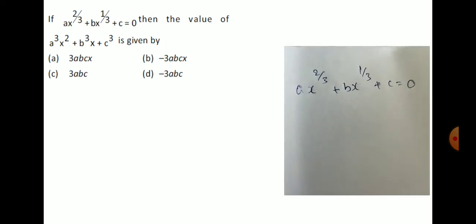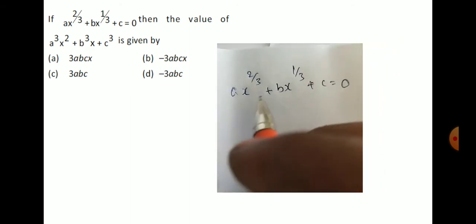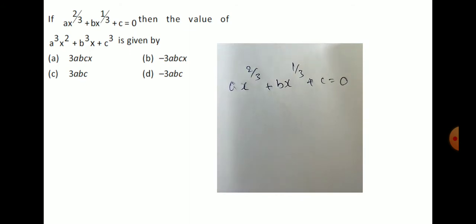Here, a is there, so we have to find the value of a cube, and b cube is there. That means we have to cube this.